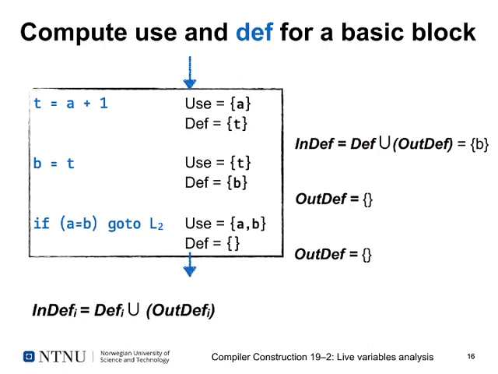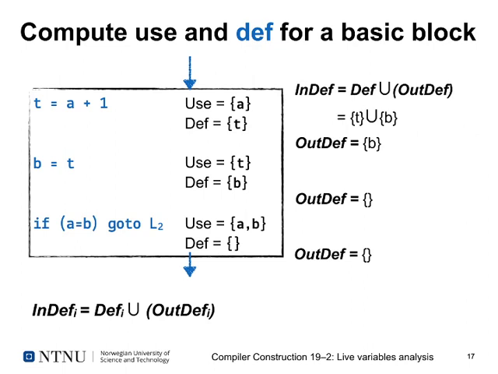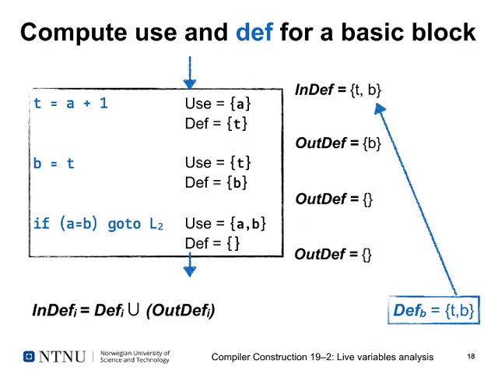Def is B, joined with an empty set remains B. This again turns into the out def for our first instruction. So out def is B, and we have another defined variable here, T. So in def is def joined with out def, so T joined with B is the set of variables T and B, which is our in def for our complete basic block here.